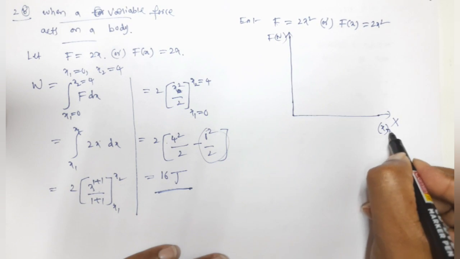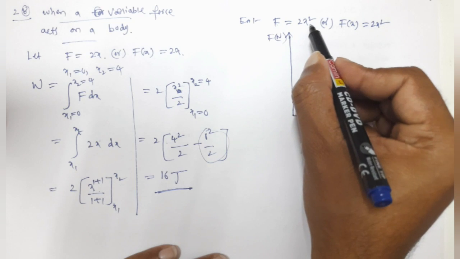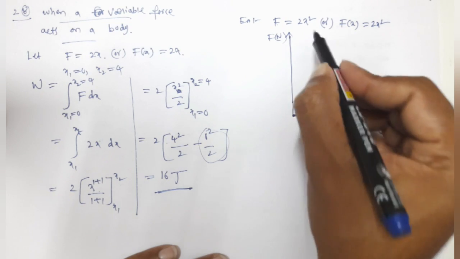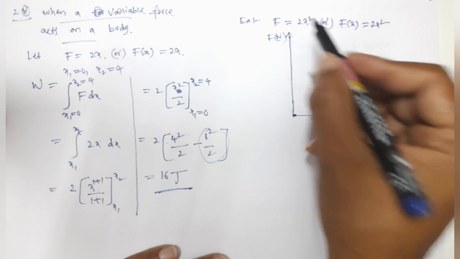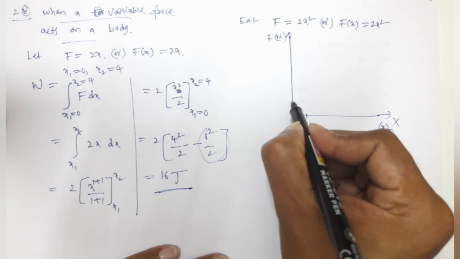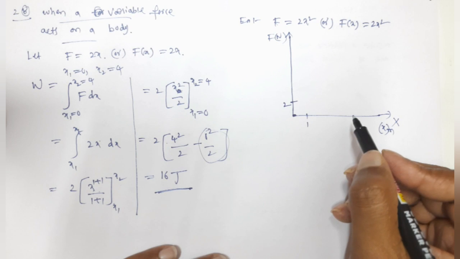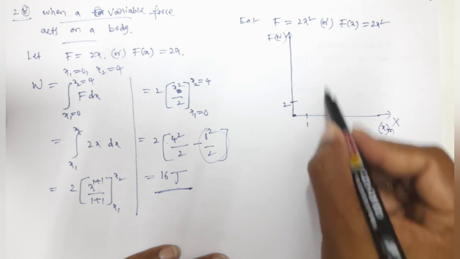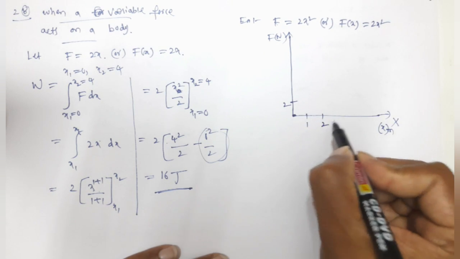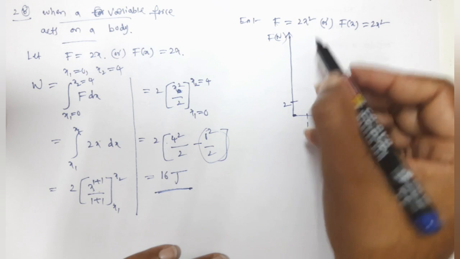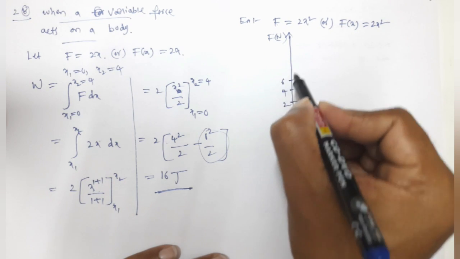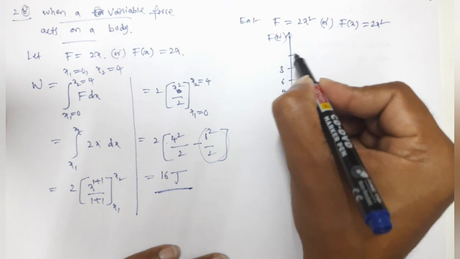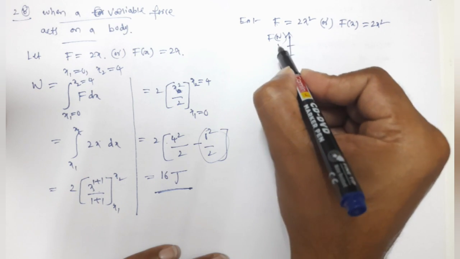Now substitute x equal to 0, so force equal to 0. Substitute x equal to 1, 1 square into 2, so force equal to 2. Take 2, 4, 6, 8, 10, 12, and so on.